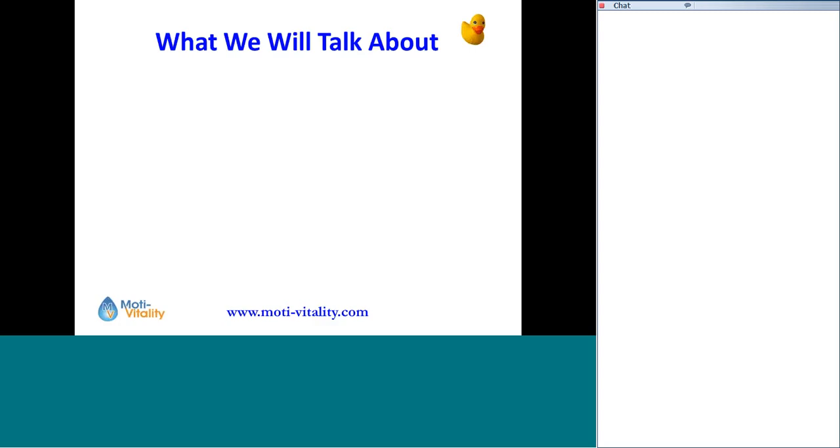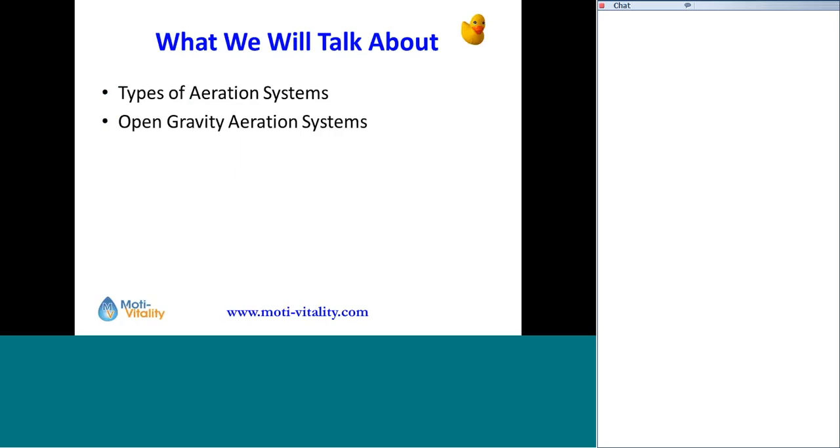So today what we're going to talk about is different types of aeration systems. We're going to talk about open gravity aeration systems. And I'll tell you, today's lesson was one of the ones that made me decide to finally put together this curriculum, this course.